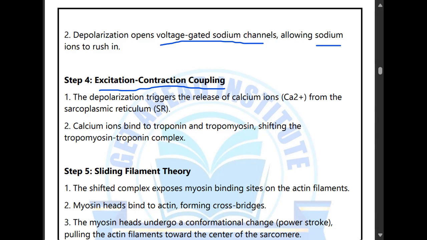What you must understand is that the simultaneous influx of sodium ions and movement of potassium ions will cause what we already talked about in the previous question, that is the end plate potential. The end plate potential will bring the voltage from resting membrane potential to threshold.